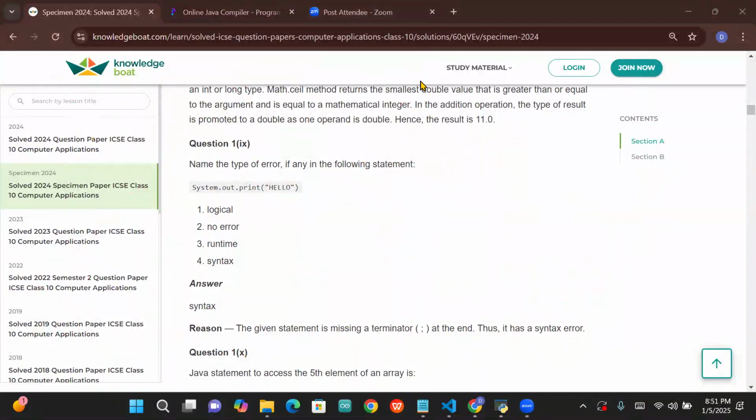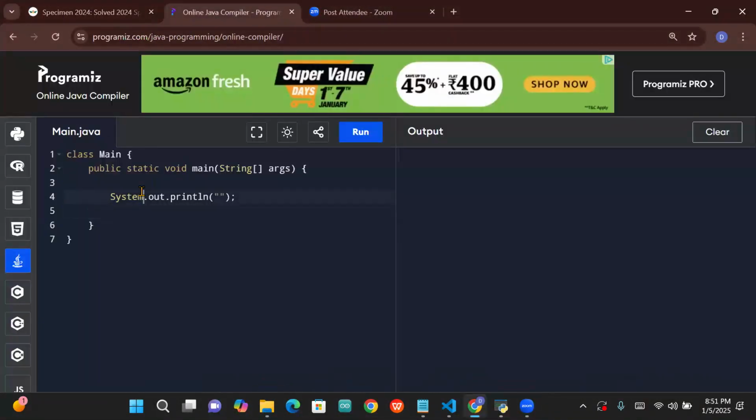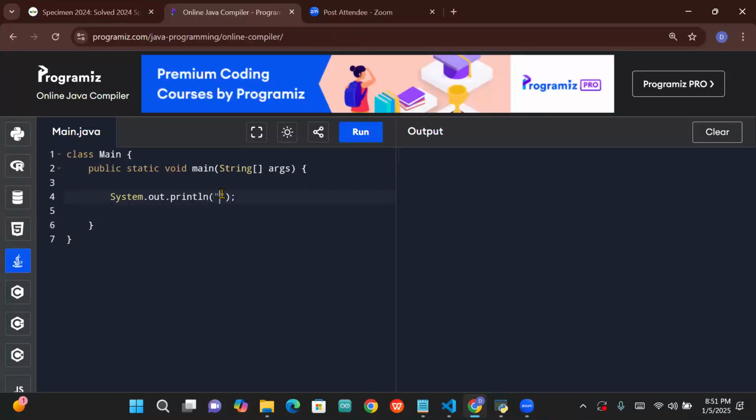Let me show you whatever I told you over the compiler. Here this is a simple system print statement, and now I'm running it. I'm getting this output, Manish Jinder. Now let's suppose I use S in small in System.